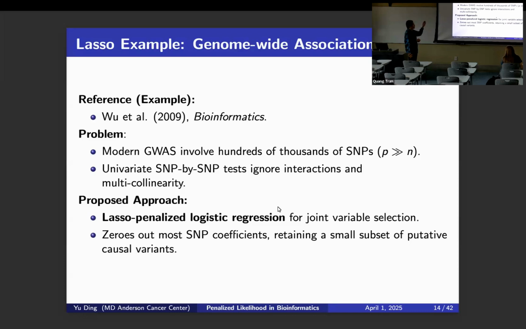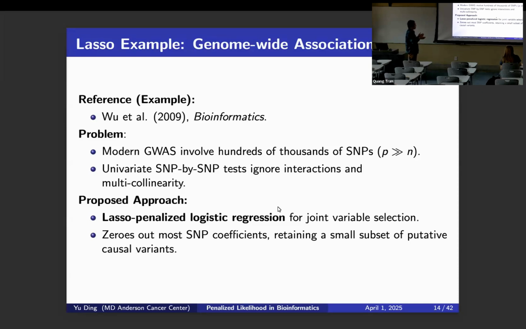The problem of GWAS is that modern genome-wide association studies may involve hundreds of thousands of single nucleotide polymorphisms. Which means that in the analysis of GWAS, the number of features tends to be much more than the number of samples n.